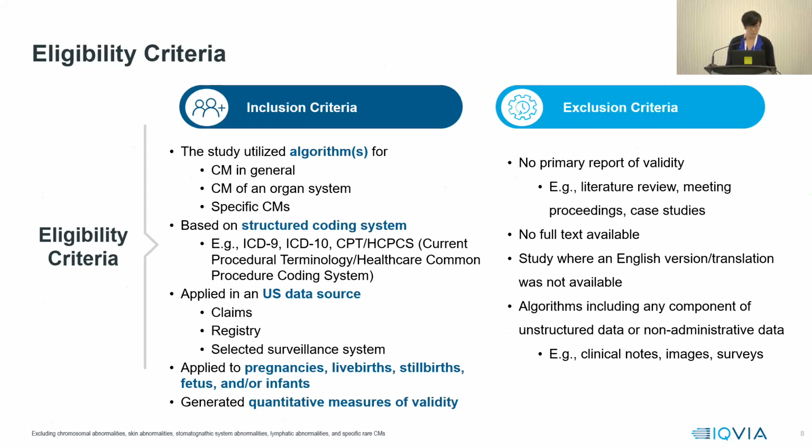We focused on algorithms that are applied to pregnancies, live births, stillbirths, fetuses, and or infants. The study has to have generated quantitative measures of validity, such as positive predictive value. And the exclusion criteria are common to a lot of these studies, such as not having primary data or not having full text available.